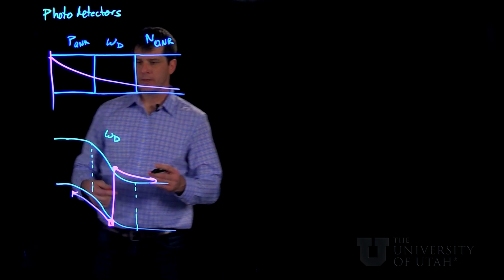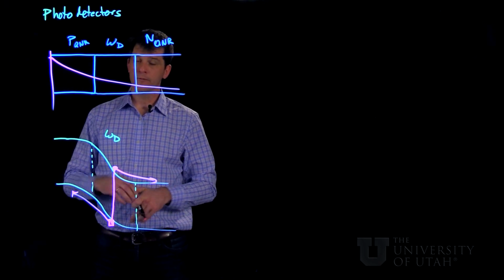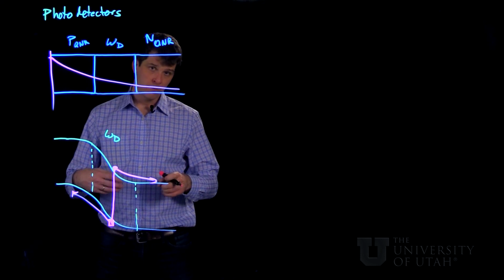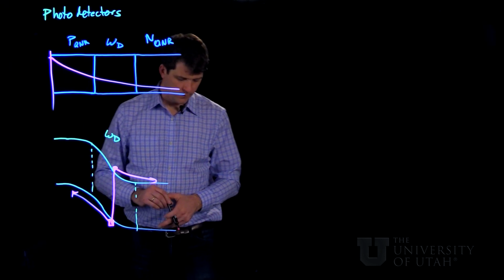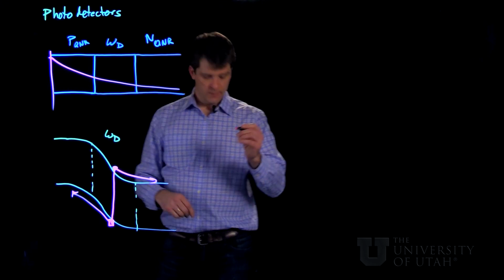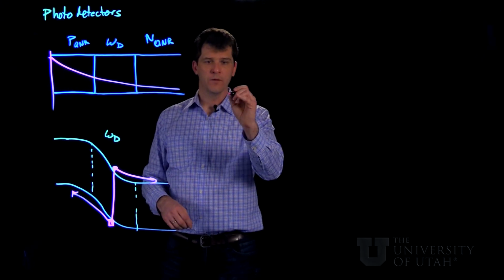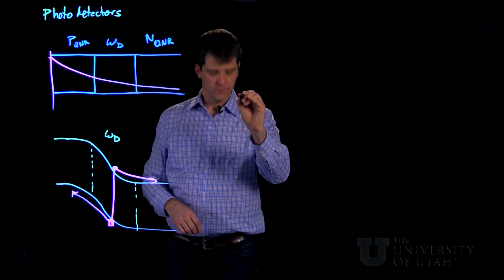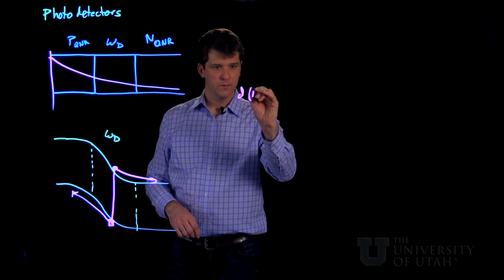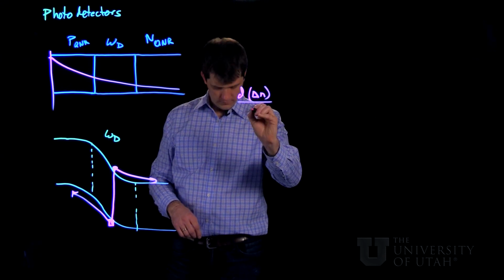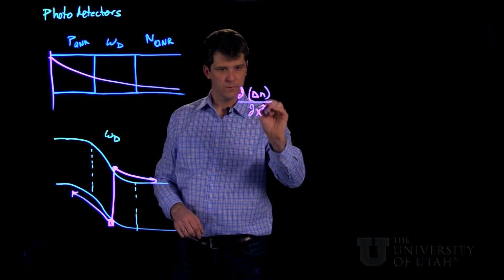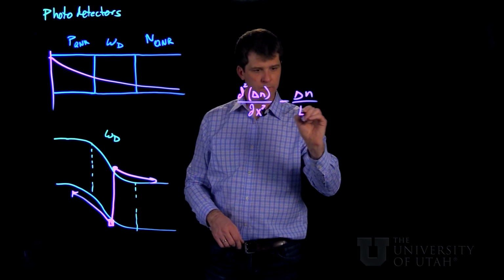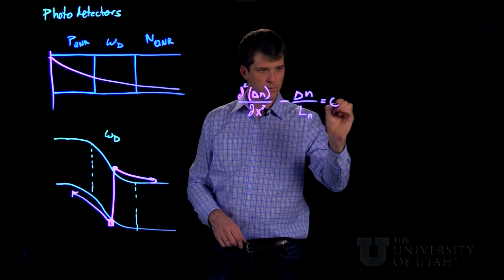So what we have to look at here is the full ambipolar transport equation, and then simplifying it to low injection conditions. And it turns out, in the end, we can write the equation in the quasi-neutral regions as d squared delta n over dx squared minus delta n over L sub n equals 0.